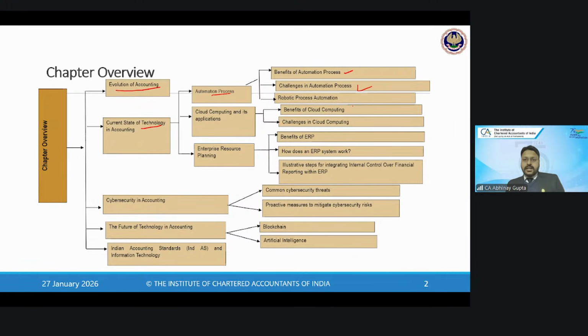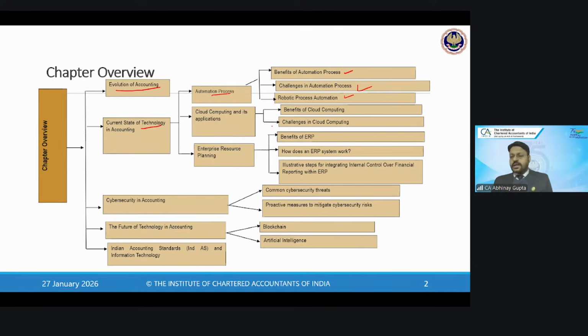And then there is a new concept that emerged lately, robotic process automation, RPA. So I will discuss how, in practical life, companies are using RPAs, right, to get their accounting job done easily and efficiently. Then the next concept is cloud computing, right?